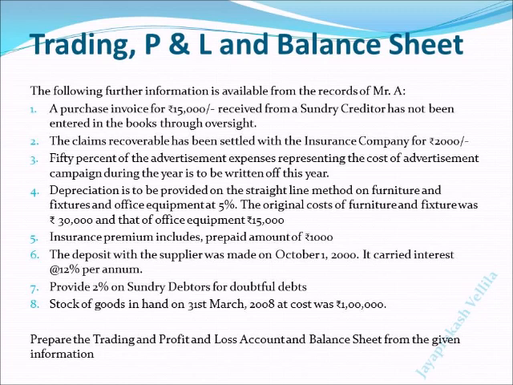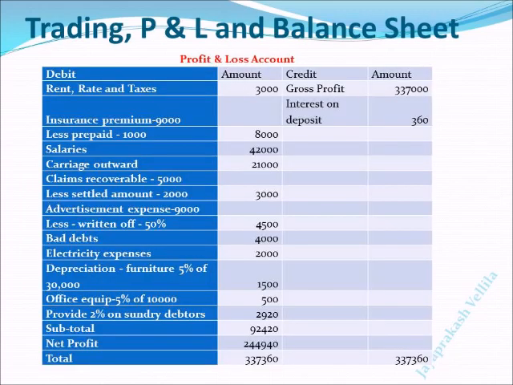That is, only the remaining 50% is the expenditure for this year. So 50% of 9,000 means 4,500. The other 4,500 is carried forward for the firm.